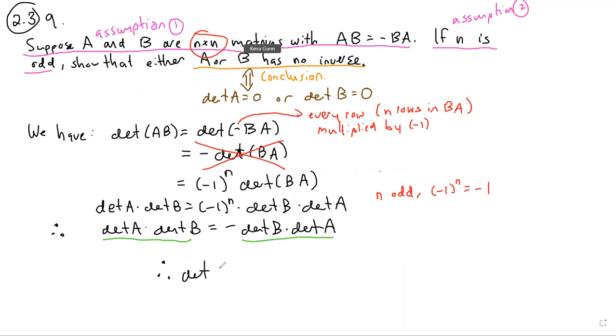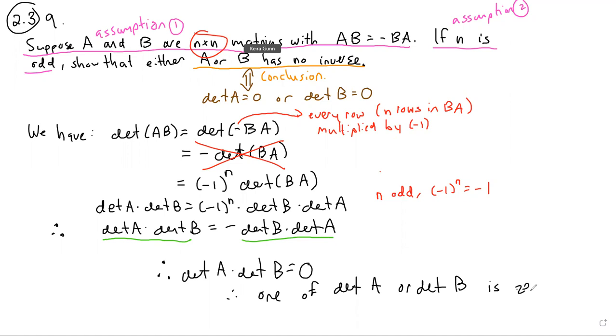Therefore, the determinant of A times the determinant of B is equal to 0. If you want to see it algebraically, just move one to the other side, and you've got 2 times the determinant of A times the determinant of B is equal to 0. It's the same conclusion. This implies that one of the determinant of A or the determinant of B is 0.